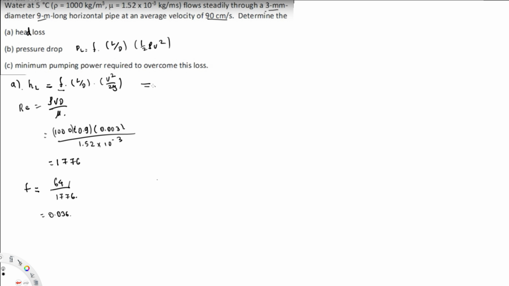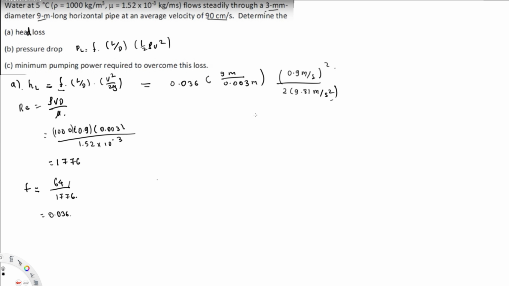So let's calculate this one. This is 0.036 multiplied by length, that's 9 meter, divided by diameter, that is 0.003 meter, times v square, where v is 0.9 meter per second, squared, divided by 2g, so 2 times 9.81 meter per second square.